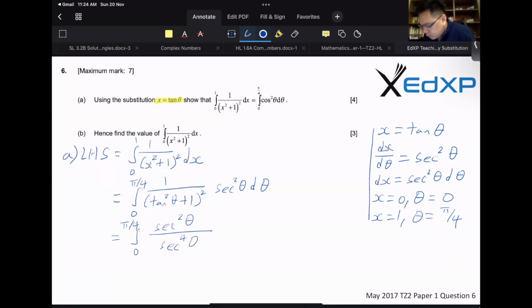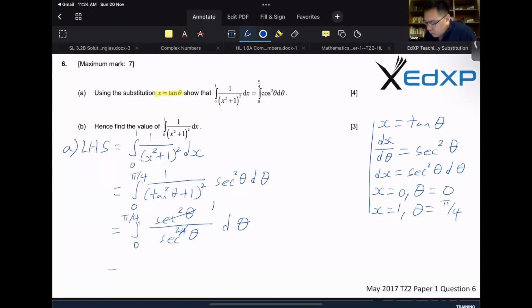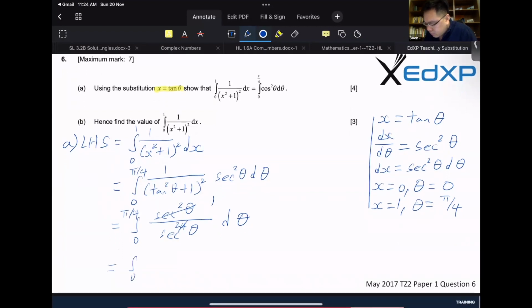So we get secant to the 4 theta over here. This simplifies to 1 over secant squared theta, which is actually cos squared theta. And there we have our right-hand side. It would be nice to put a bracket shown.